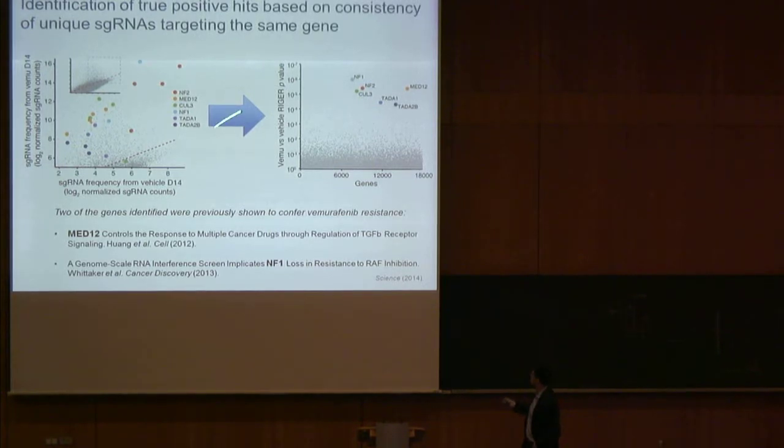In this way, we were able to both rediscover the two known mechanisms of vemurafenib resistance and also highlight several other genes, including a few that I'm going to talk about now in the non-coding context today.